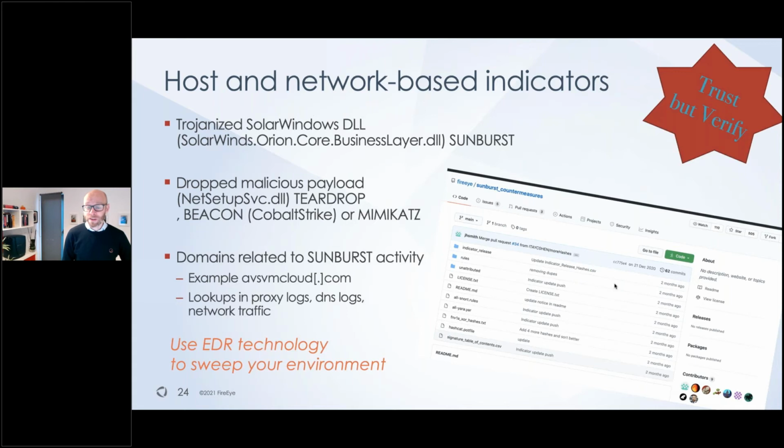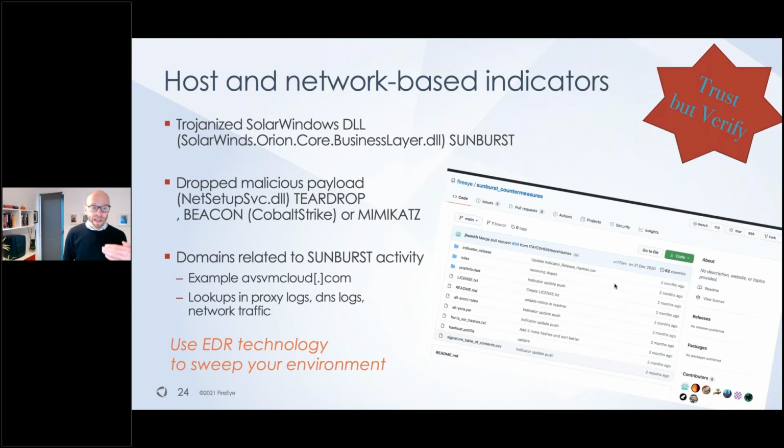So if not already detected, verify whether at one point in time, because this may have been reverted in the meantime, either deliberately or not, you were running this specific version of the DLL. Over here in the upper right corner, trust but verify. I've asked organizations whether they've used Solarwinds, and the answer is often no. But actually, when we do sweep the environment, there is sometimes an installation of Solarwinds within the network. So it's definitely something to verify.